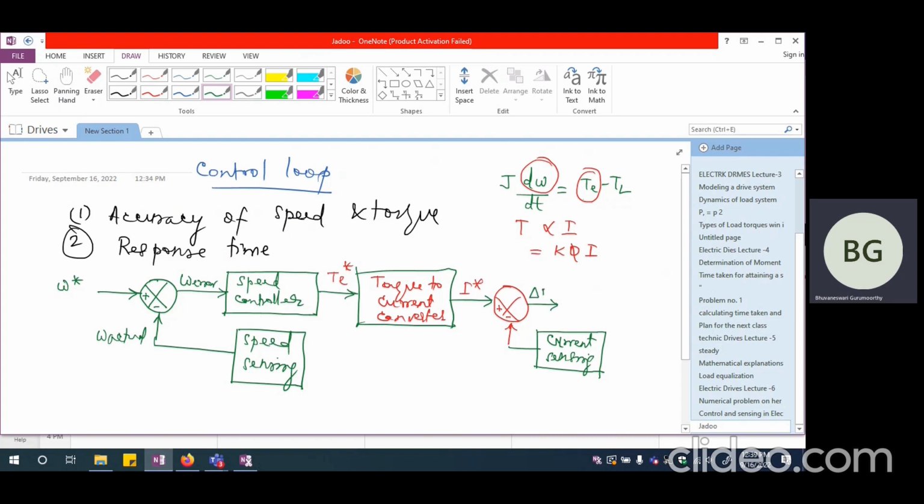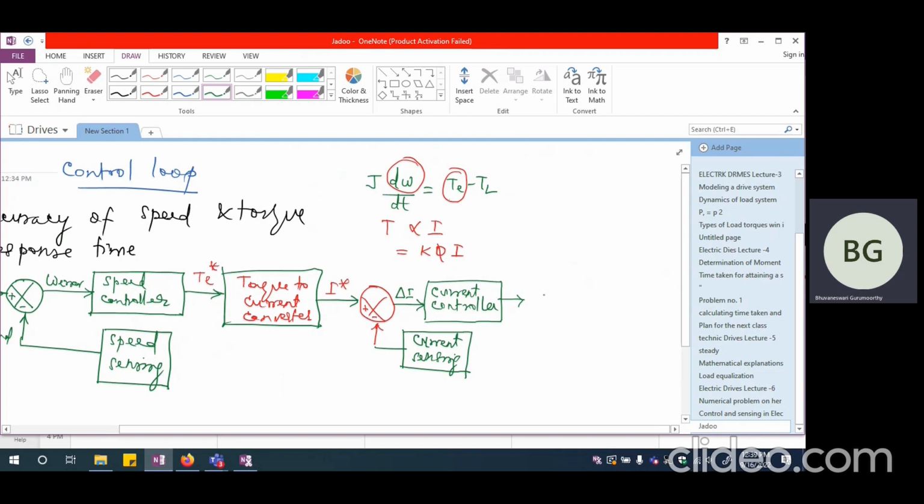Let me call that as delta I, whatever is the current error. Now this current error will be nullified by having a current controller which may increase the duty ratio in the case of a chopper, or which may reduce the rheostat position to certain position where the resistance will be smaller, or I'll be able to adjust the firing angle or something like that. So this will give me a control signal.